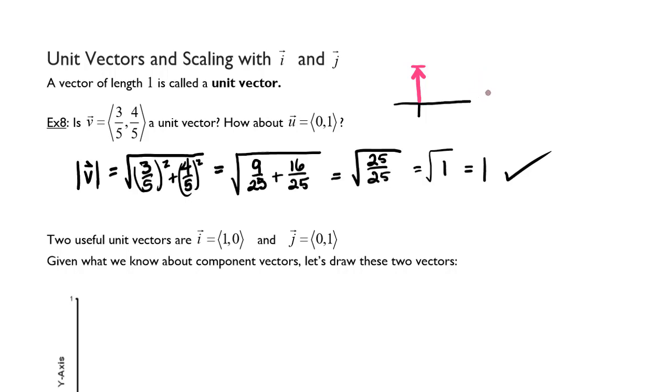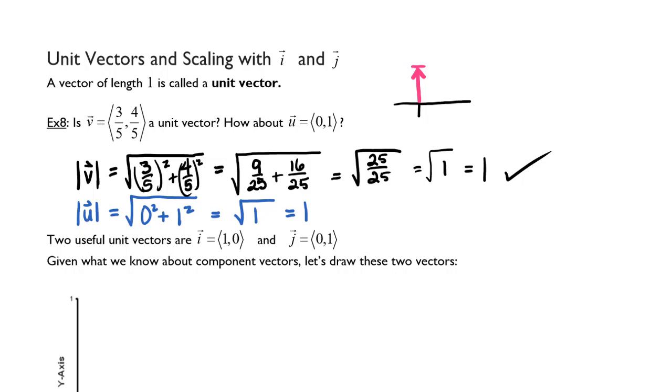We could also show this by using the formula we just used for the other vector. The magnitude of u is equal to the square root of 0 squared plus 1 squared. This will give me the square root of 1, which is equal to 1.